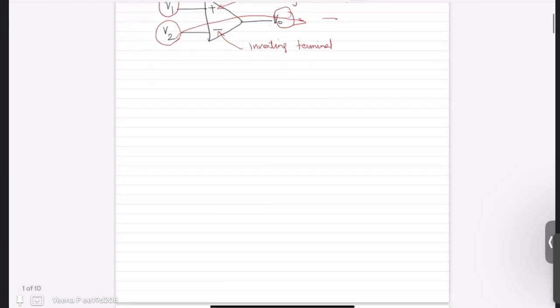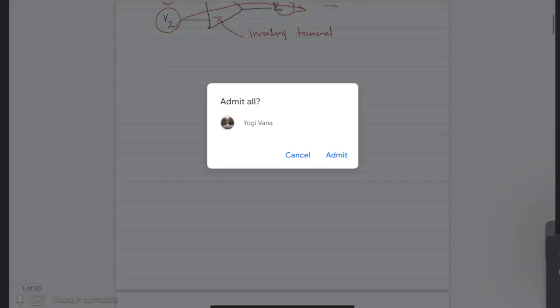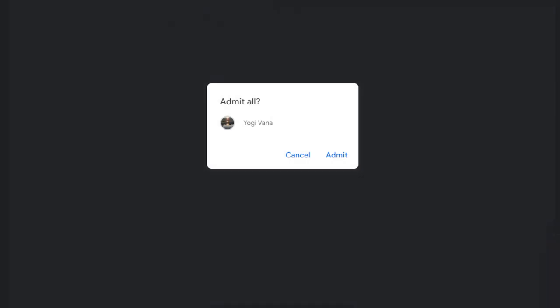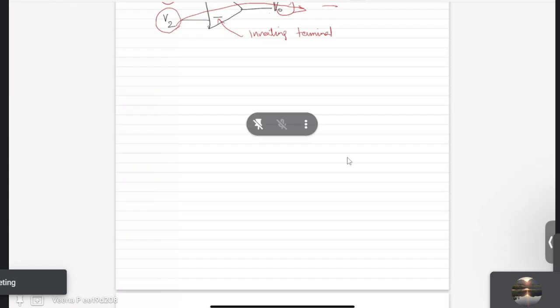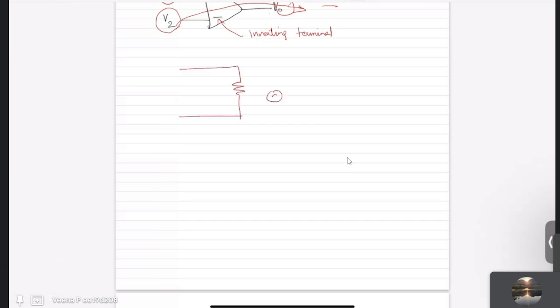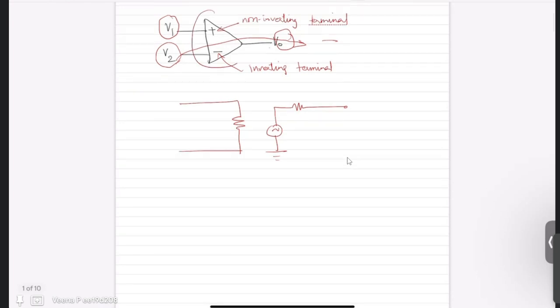Now if you draw the equivalent circuit of an op-amp, it looks like something like this. So this triangle box is this dotted square which I am drawing.